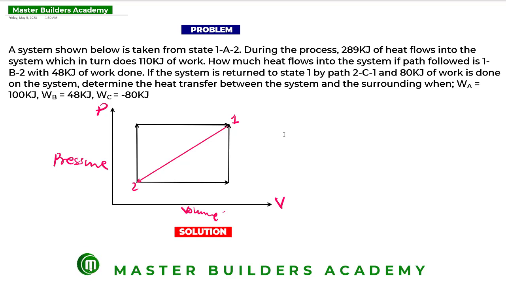Now, how much heat flows into the system if the path followed is 1 to B to 2, with this amount of work done?